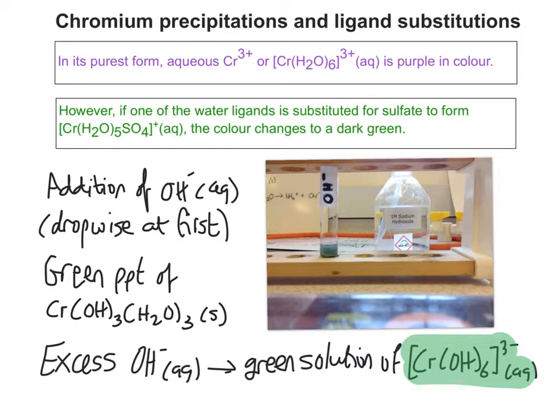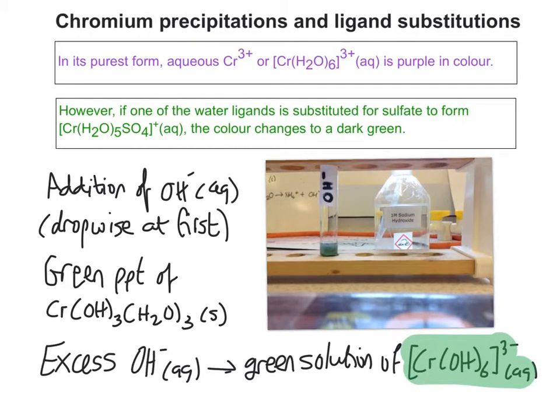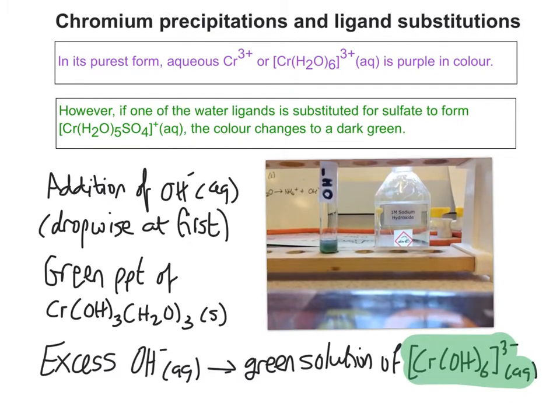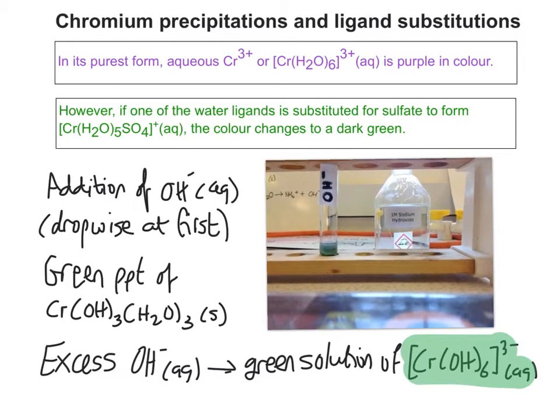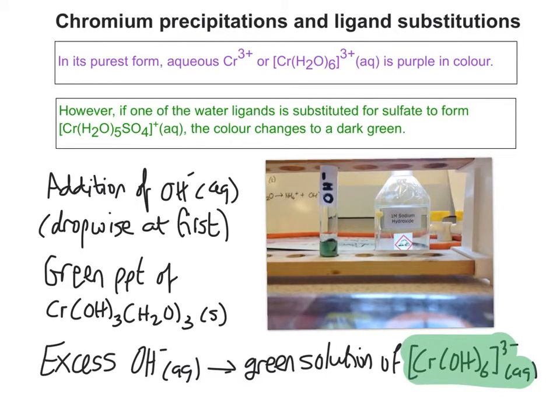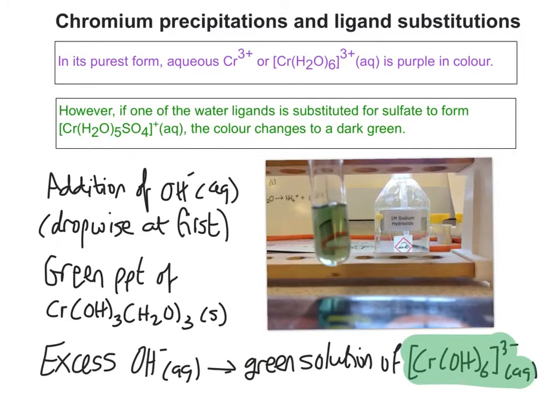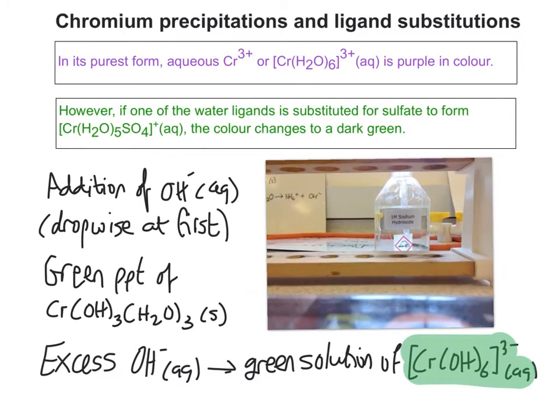If we continue to add excess OH-, what will happen is that the precipitate will rapidly redissolve to form a darkish green solution of CrOH6 3-. This is obviously another ligand substitution. So 6 OH- have substituted for 6 H2Os.